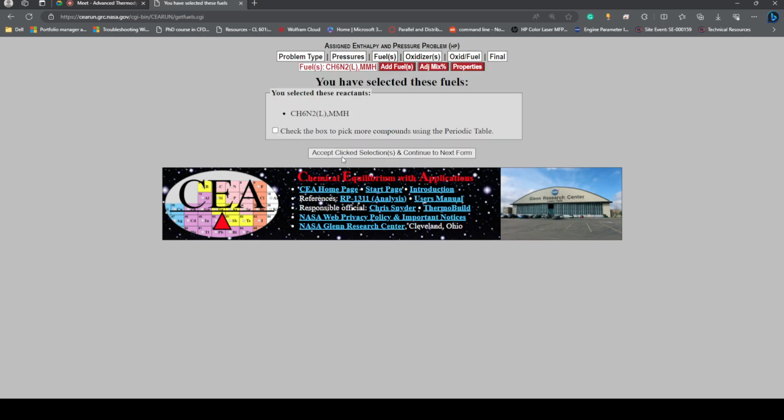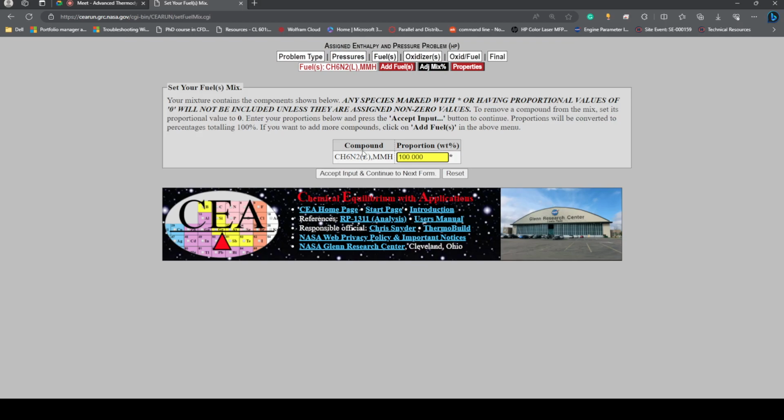It is asking whether you want to add more reactants or not, but it is fine, I want only these reactants. If I continue, it will ask me for proportion. If you have a number of reactants in a fuel, you will have a mixture of fuels. In gasoline, you will not only have hexane or decane, I guess, in addition to certain amounts of methane and propane, all these things mixed.